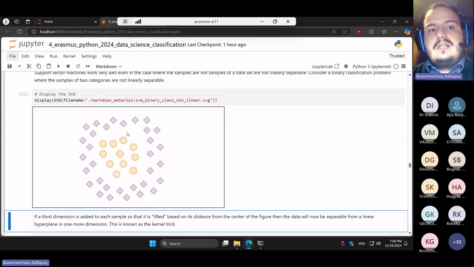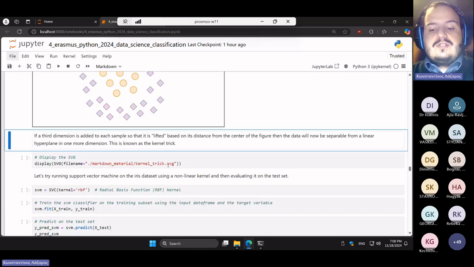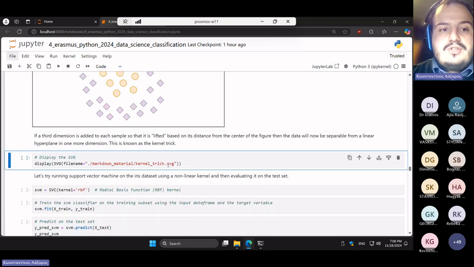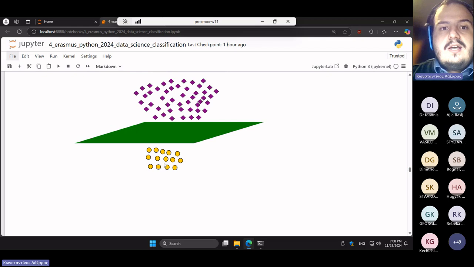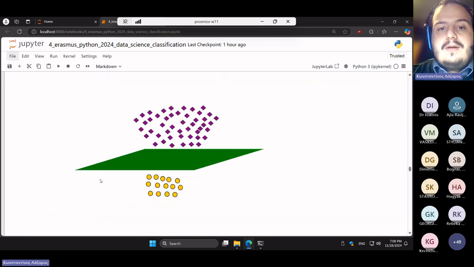If we were going to separate these two categories from each other in a 2-dimensional format, we would have to use some kind of nonlinear model. Support vector machines do away with this. What a support vector machine would do in such a case is lift this data set from 2 dimensions to 3 dimensions.